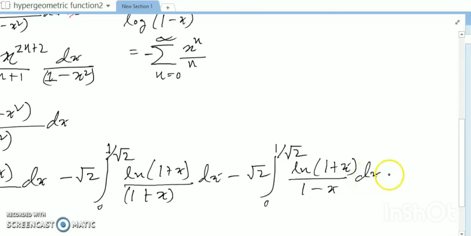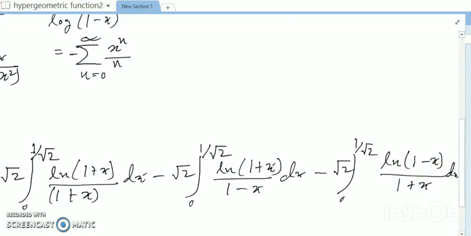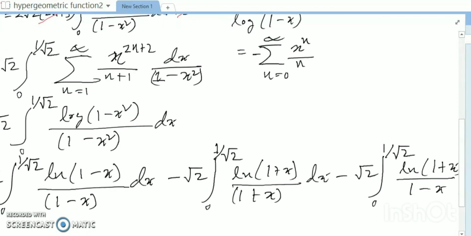And another is minus root 2, very simple calculation. ln(1 minus x) divided by (1 plus x) dx. So, is it clear? I hope it is clear.